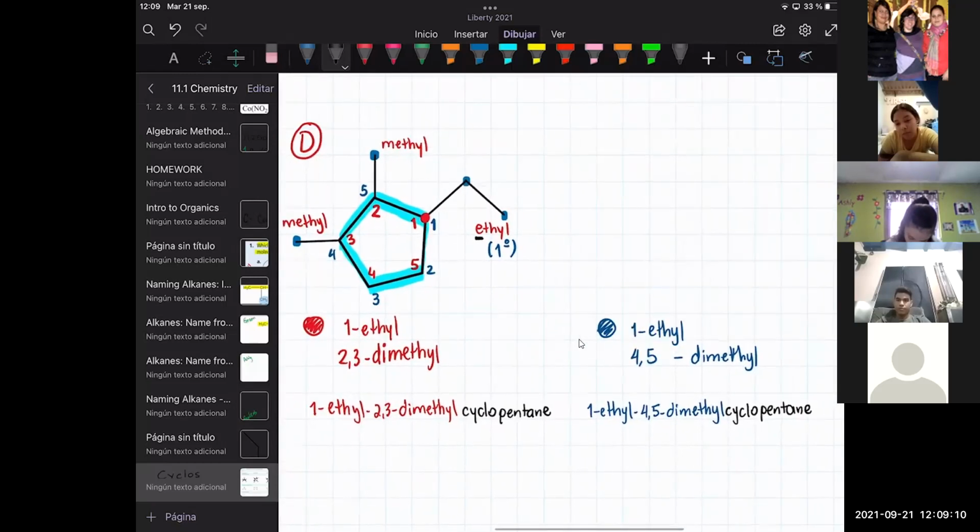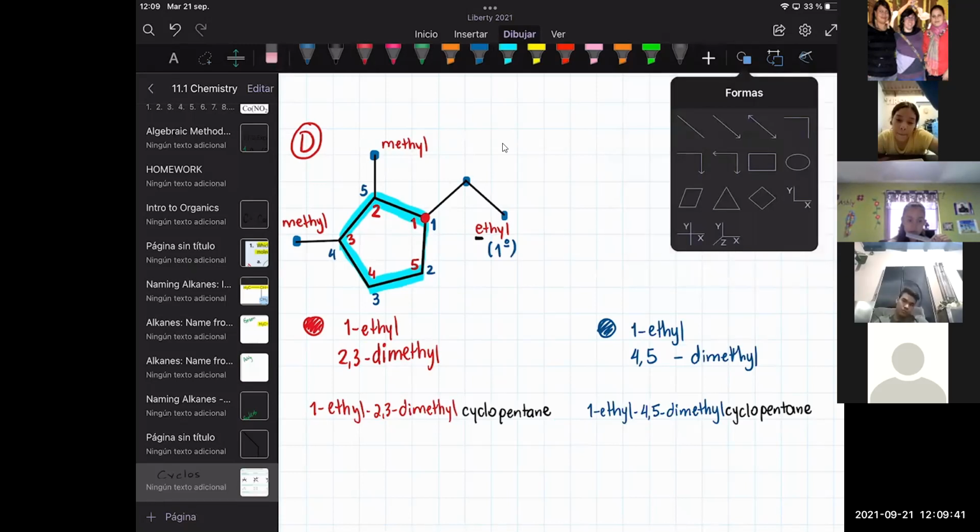Now, when you have the 2 names, you have to choose what name is better. Remember, we're going to choose the name that has the alkyls listed alphabetically, but also by using the lowest numbers. So, what path is better, red or blue?